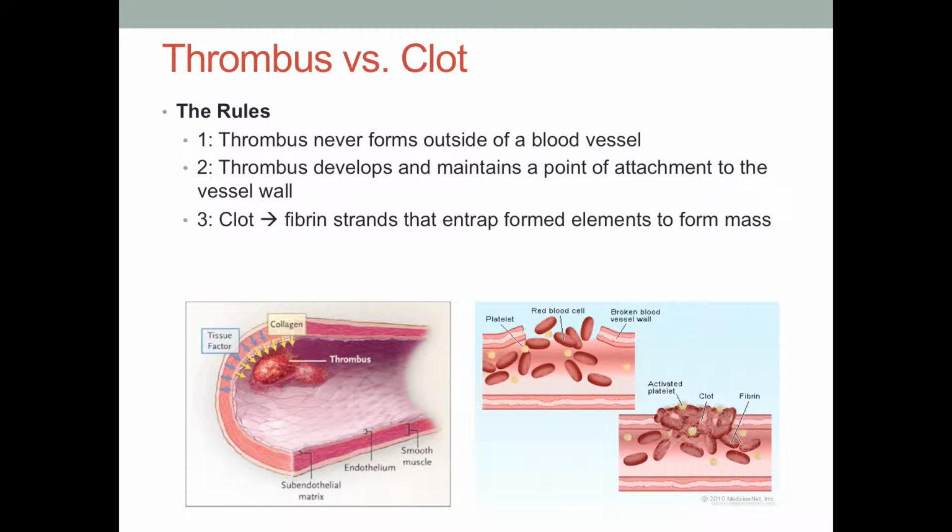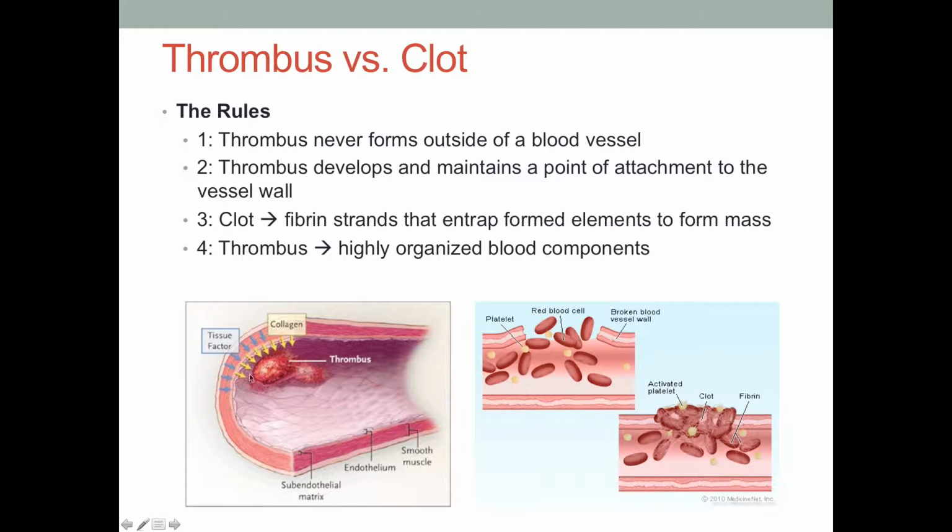A clot, again, is going to involve a multitude of steps that result in the creation of fibrin strands that trap formed elements in this open spot to limit blood loss, whereas a thrombus is not just this disorganized mass of components in that area.